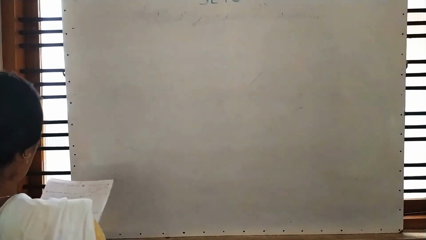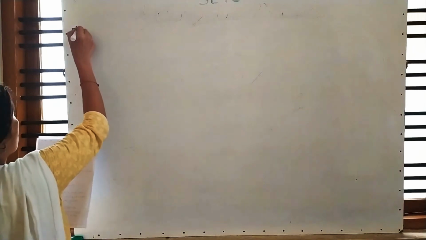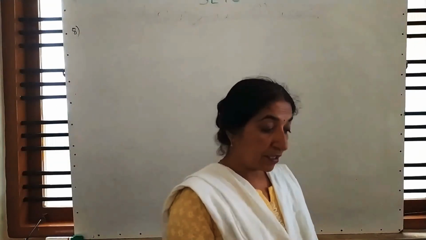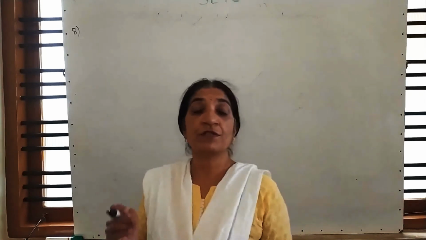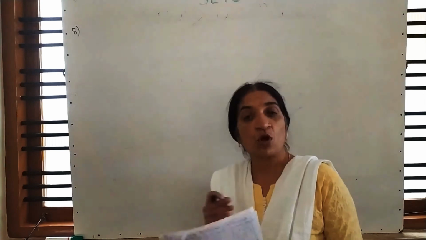In the eighth one also I gave one question as homework. What is the eighth question? Which of the following pair of sets are disjoint? Yes, remember disjoint means there is no common element.